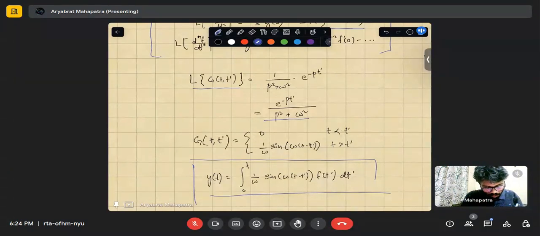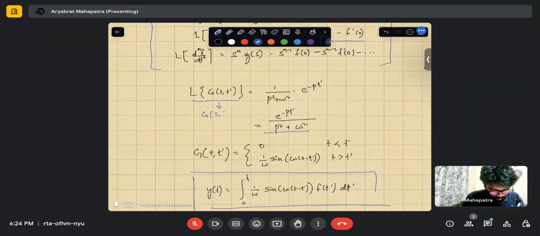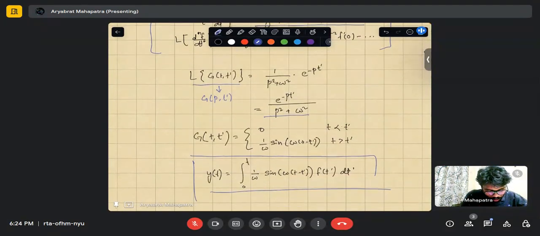This is g of s, t prime or p, t prime, the Laplace transform of the Green function. But from this step, you have to calculate what is g of t, t prime, the part inside the Laplace transform braces.